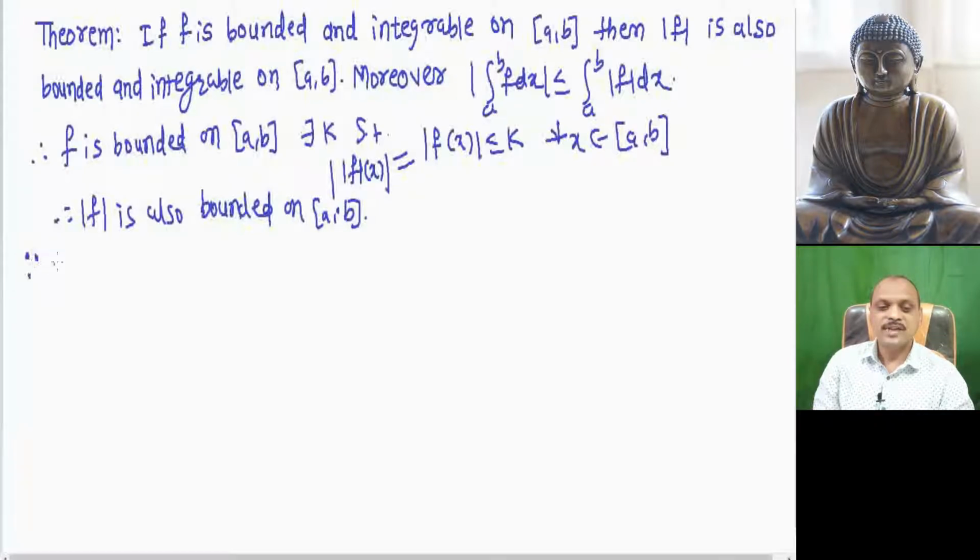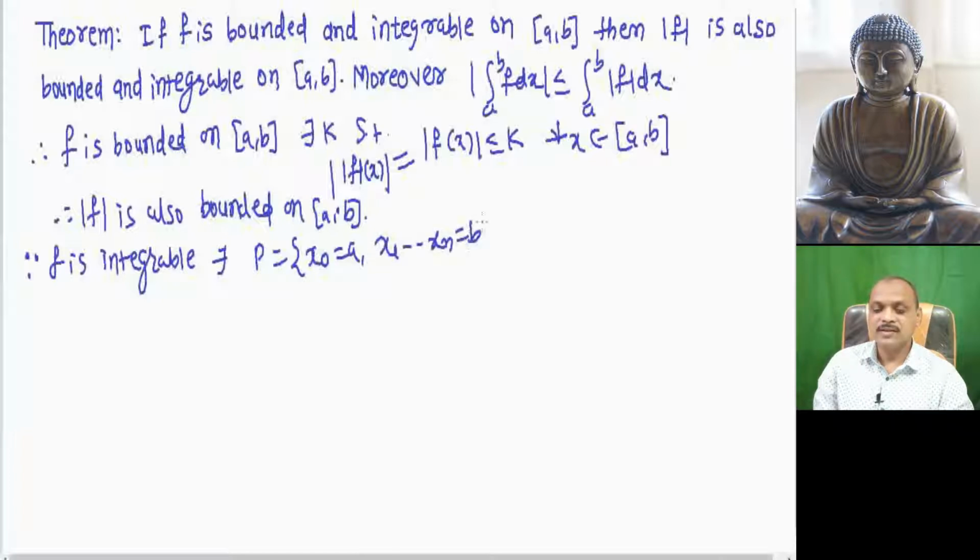Again, function f is integrable. As function f is integrable, there exists a partition P of closed interval [a, b], with x_n equal to b, such that the upper sum minus lower sum, U(P, f) minus L(P, f), is less than epsilon.